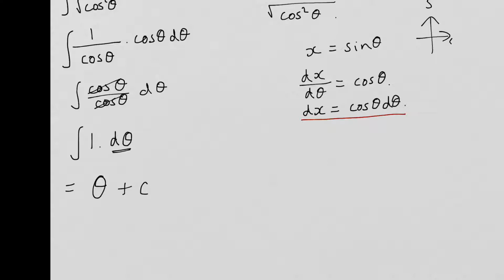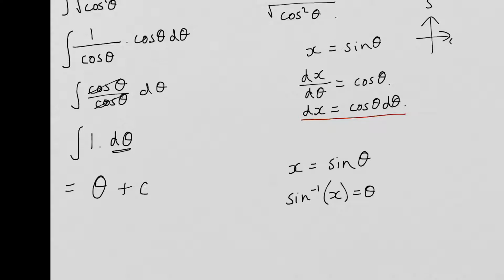Okay, interesting. Going back to the original part then, we said to let x be equal to sine of theta. In order for me to get the value of theta, I'd need to do sine to the minus 1 of x.